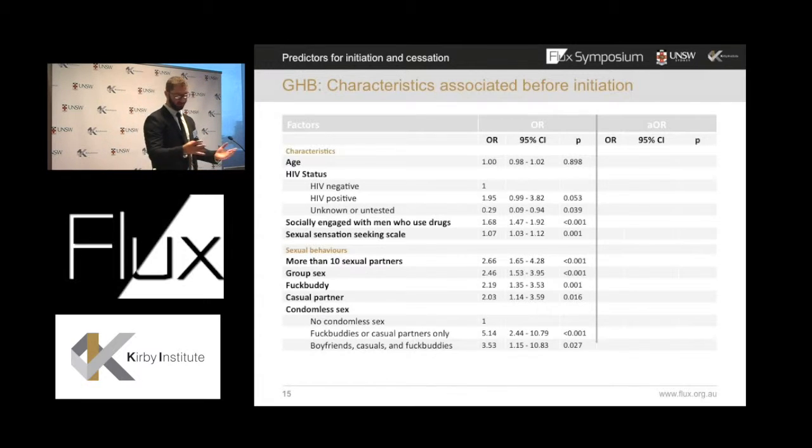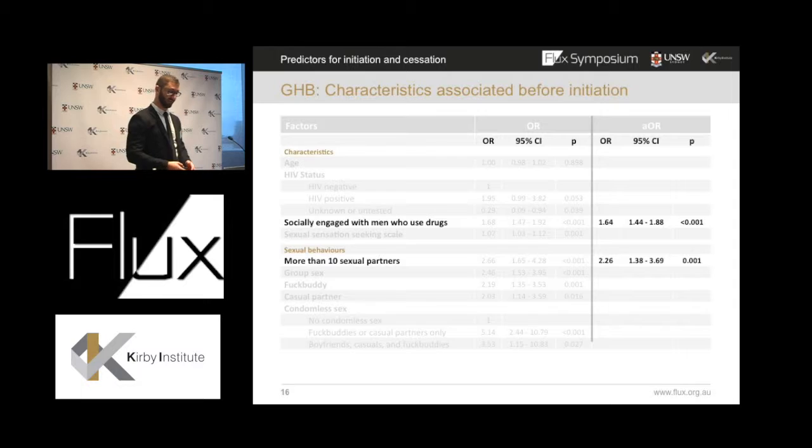Plugging in the final model for the predictive factors for GHB, we see that men who are more socially engaged with other gay men who use drugs and who have more sex partners were more likely to initiate GHB. Characteristics that were present for crystal initiation were also present for the initiation of GHB in the final model.